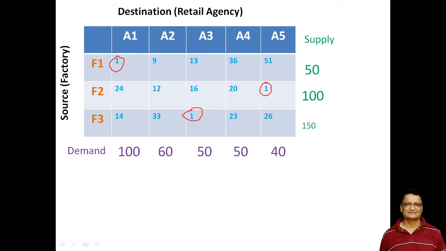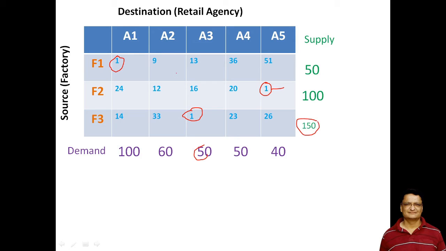Now let us see. Here the demand is 100 but supply is 50. In this cell the demand is 40 but supply is 100, and in this cell the demand is 50 and supply is 150.